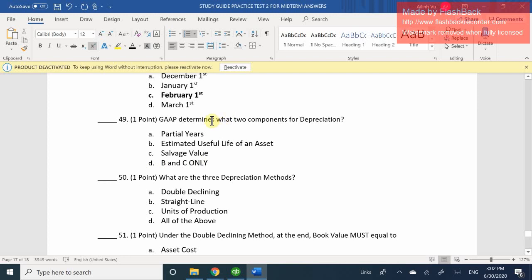On the quiz, I basically just asked which ones GAAP sets the rules for, and that one I wasn't specific. This one's specific for depreciation, so you need to recognize that this one is only B and C. Okay? So good.